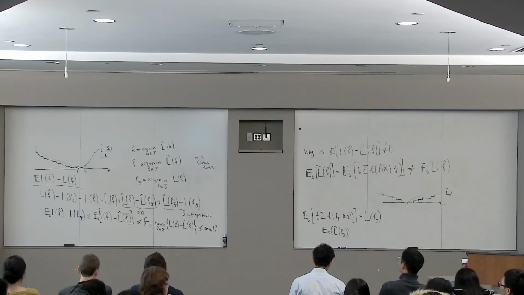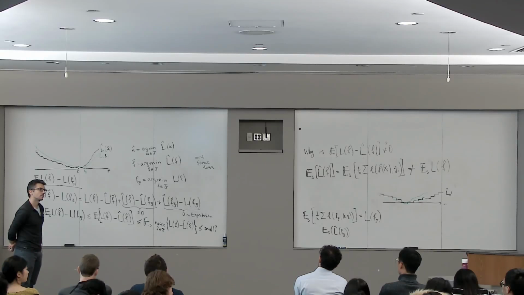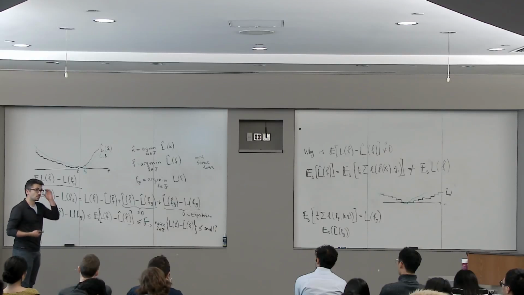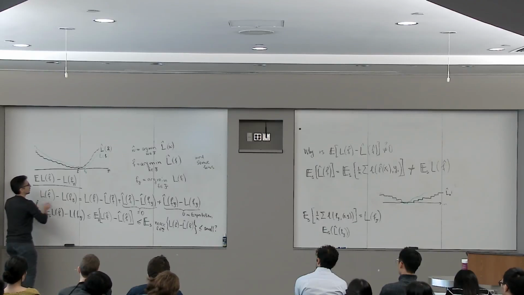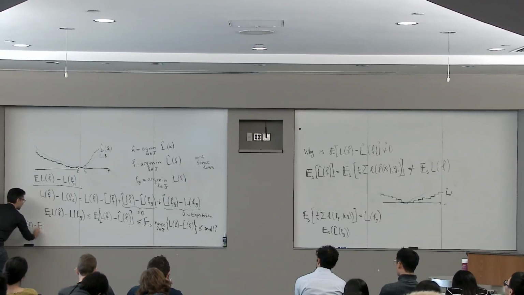Yes? If we look at the generalization errors, why do we take expectations over the sample instead of the population? But the sample is from the population. Let me say this. The expected loss L of f is defined as the expected loss of f on a pair x, y.